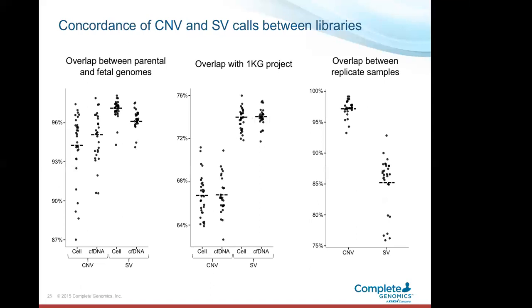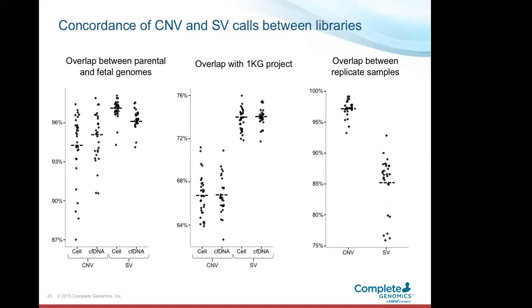When we looked at the overlap of the CNVs and SVs with the 1000 Genomes Project, over 95% of the CNVs and 74% of the SVs are overlapping.